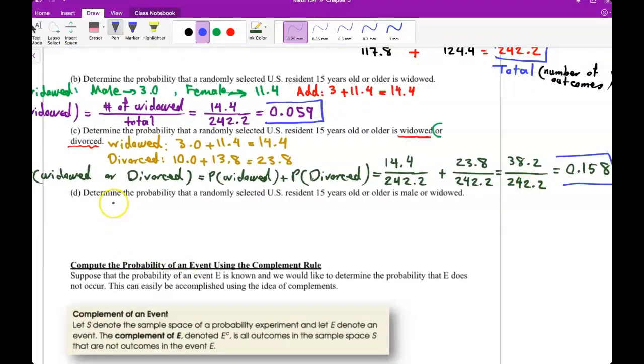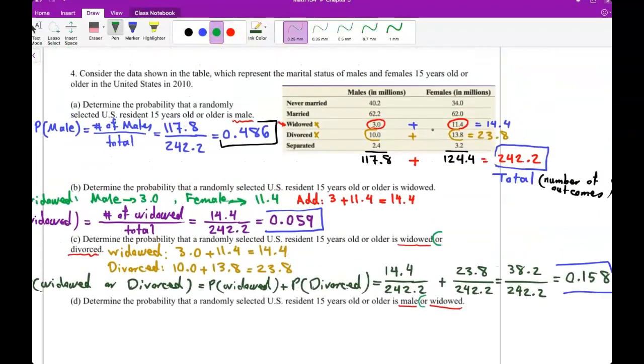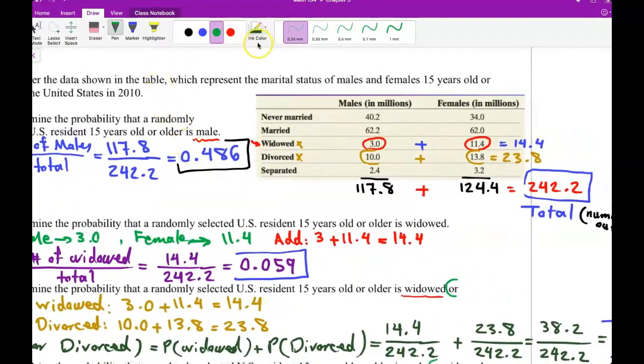Now part D, determine the probability that a randomly selected person is male or female. So obviously we have intersection between these two. Okay, so here is male.